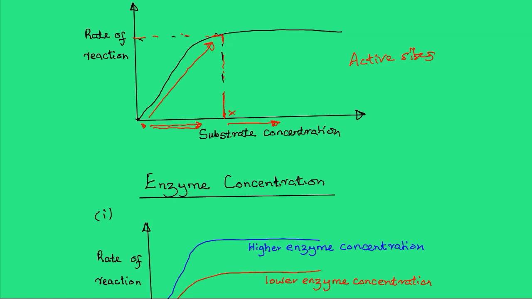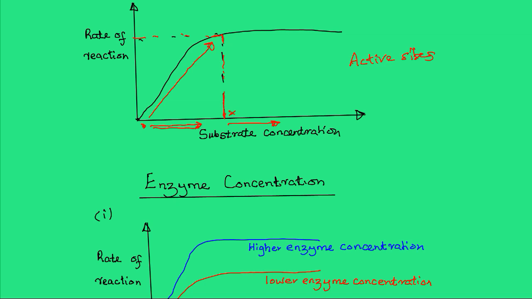So when the substrate concentration is increased, at some point all the active sites of the enzymes will be occupied. And this condition makes the number of enzyme molecules to be the limiting factor.